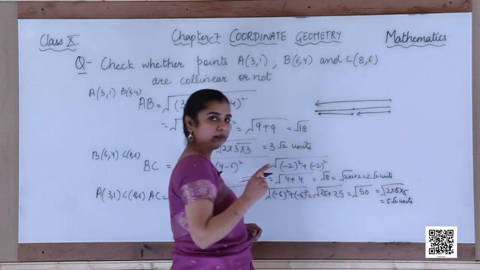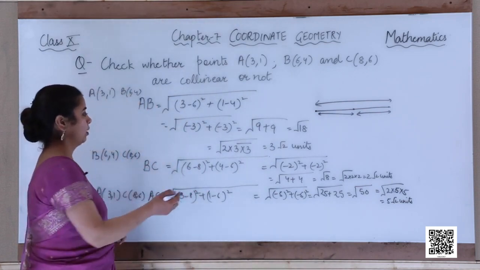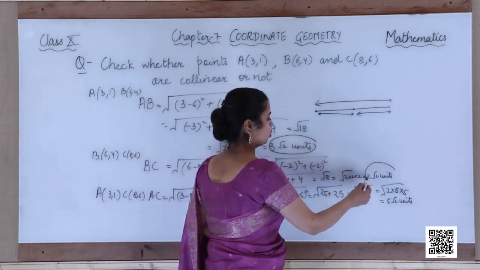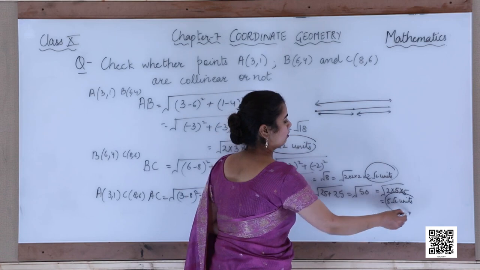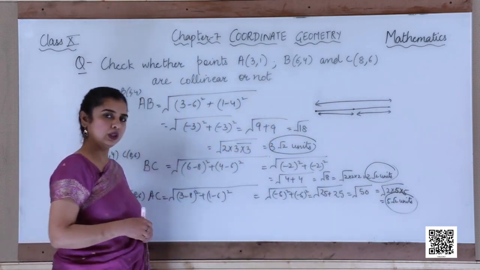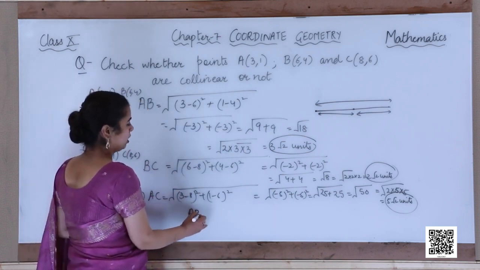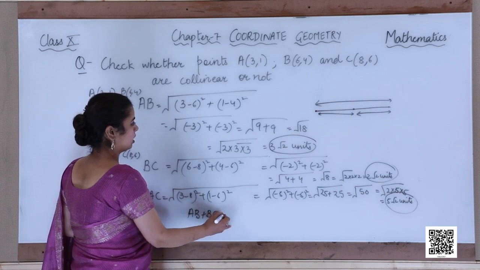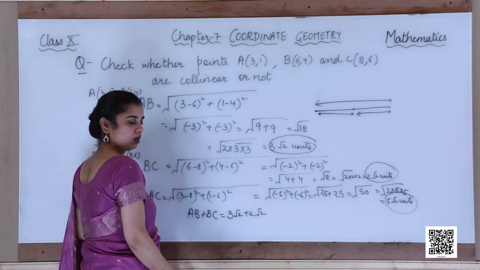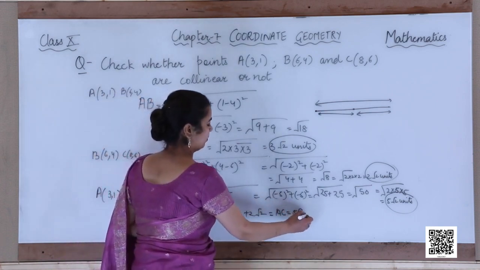Now we have found 3 lengths, AB, BC and AC. AB is 3 root 2, BC is 2 root 2 and AC is 5 root 2. Is it possible that the sum of 2 lengths is equal to the third length? Yes, we can see that AB plus BC is equal to 3 root 2 plus 2 root 2, which is equal to AC, equal to 5 root 2.